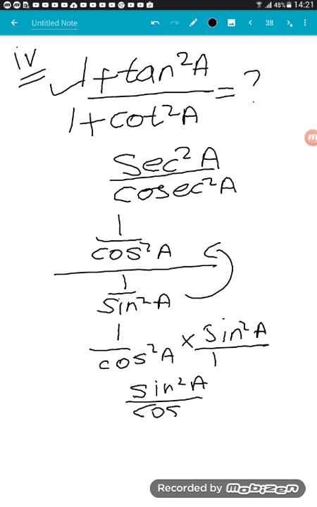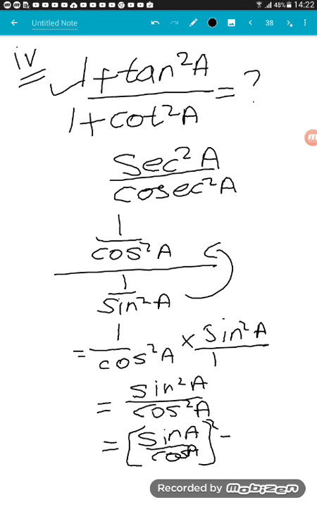We can write it in other words, sin a by cos a the whole square. So it will be tan square a. As you know, sin a by cos a is nothing but tan a, so tan a the whole square is nothing but tan square a. So option number D.